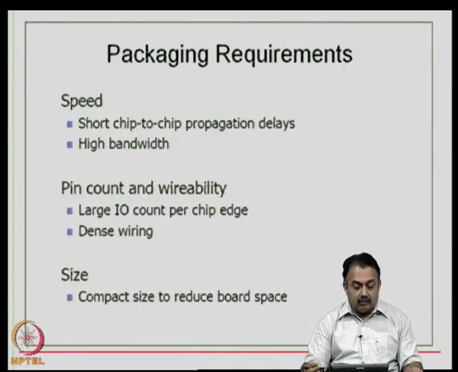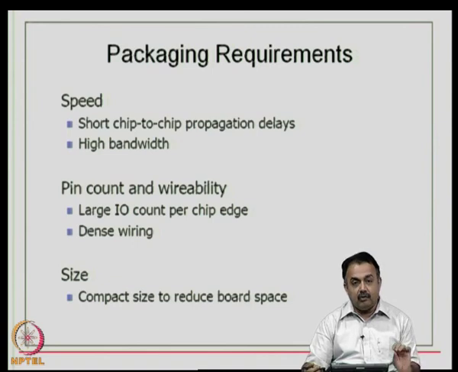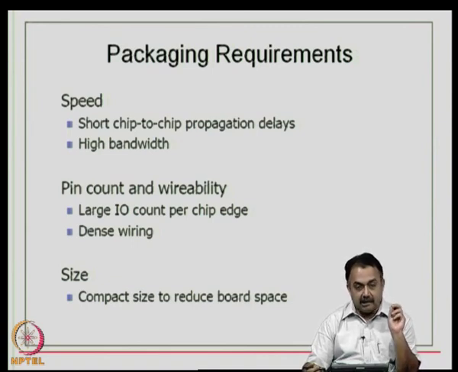So, the packaging requirement is speed is a major issue, which means chip to chip propagation delays should be shorter. The same holds good when you talk about interconnects at the second level printed wiring board. Obviously, this is a major consideration when you look at VLSI design. The interconnect lengths are very small.